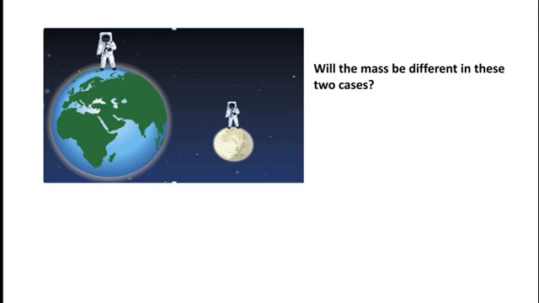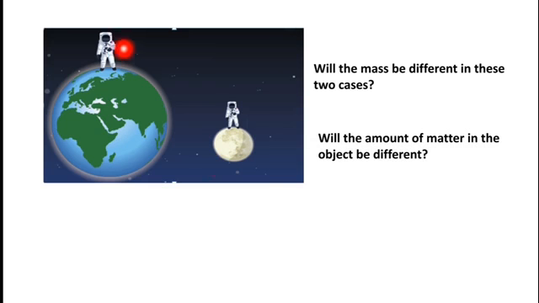In order to answer this question, first reply to this question. Will the amount of matter in the object be different? Is it possible that when this object, which is placed on the surface of Earth, is placed on the surface of Moon, then the amount of contents present inside this body is going to change?